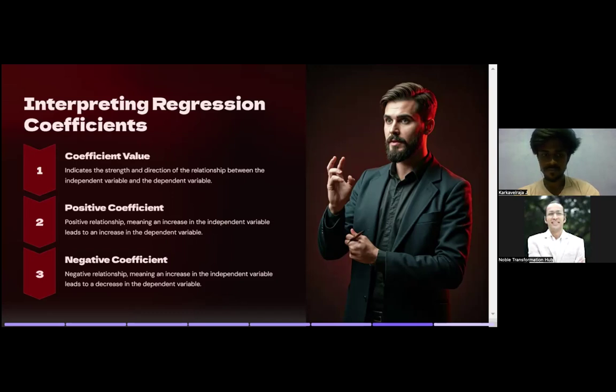You can see that if the independent variable increases, the dependent will also increase. That's what a positive correlation coefficient is. Okay, then we have the negative coefficient. A negative coefficient is a relationship meaning an increase in the independent variable leads to a decrease in the dependent variable.